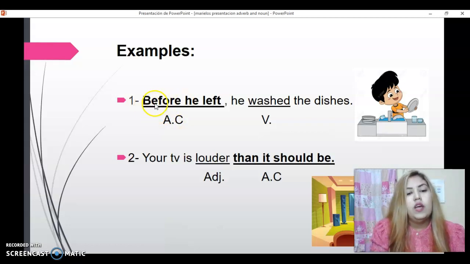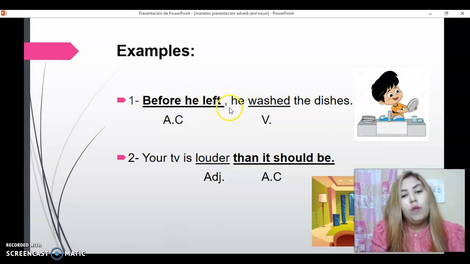Okay, this is my adverb clause, and then I have a comma. Why? Because it's at the beginning. Okay, the adverb clause is at the beginning. Then I have he washed the dishes, and as you can see, my adverb clause is modifying the verb washed.